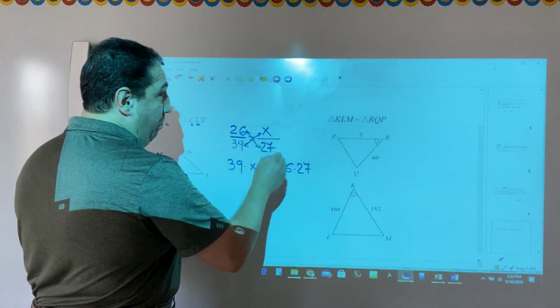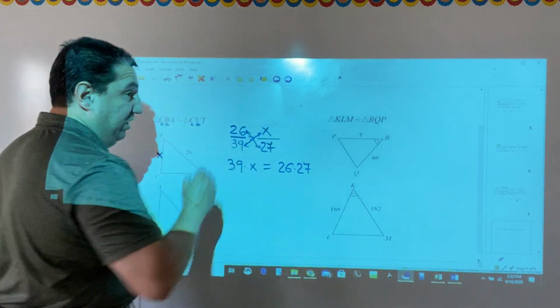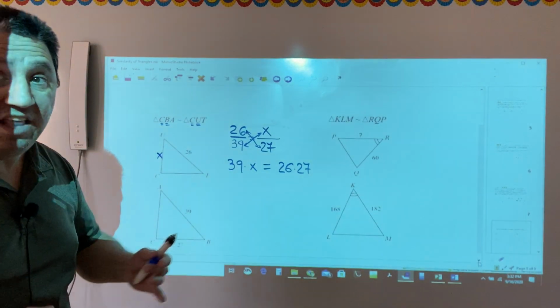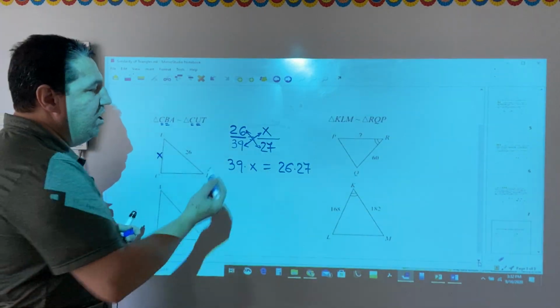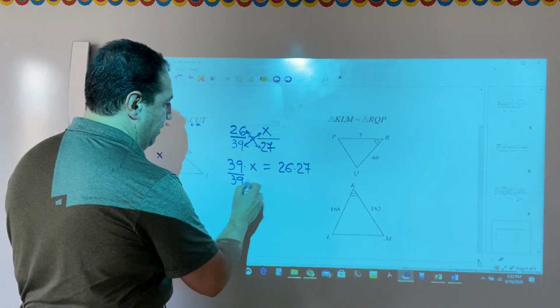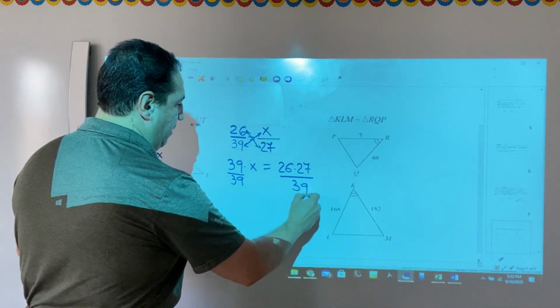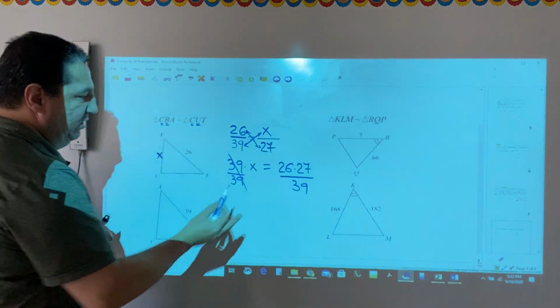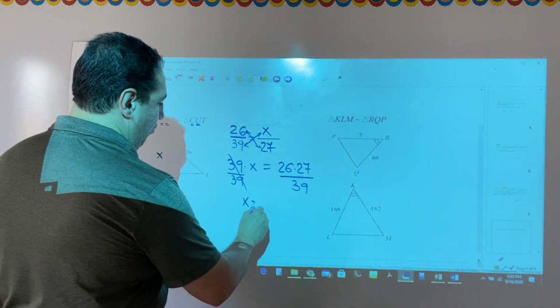Because these two products are equal, we put an equal sign between them. And then we solve for x. How? We get rid of 39 by dividing by 39. So these two divide out, and what is left is x equals 26 times 27 over 39.